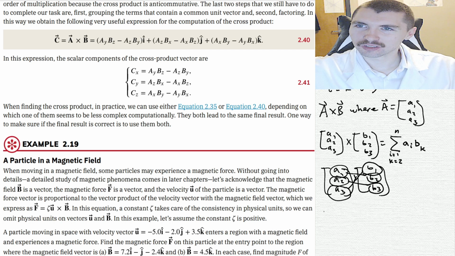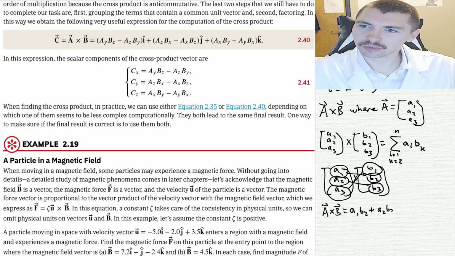So A cross B is going to be A1 B2 plus A2 B3 plus A3 B1. So if you can see, it is equal to CX plus CY plus CZ.